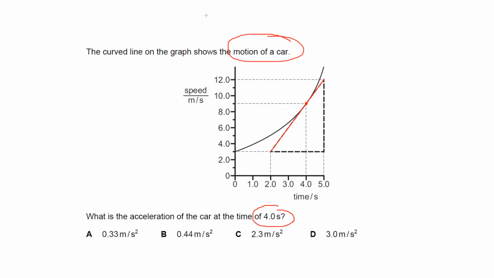The question is, what is the acceleration? Can you work out the acceleration from these results? What is the acceleration? Acceleration is equal to gradient, and gradient is y2 minus y1 divided by x2 minus x1.